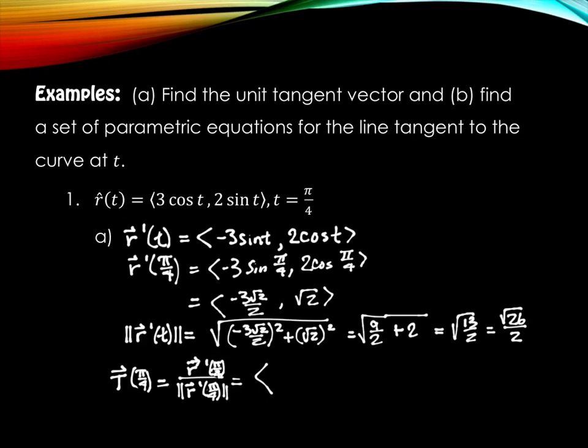All right, so we had negative 3 square root 2 over 2 and square root 2, and we're dividing by square root 26 over 2, so I'm going to multiply by 2 over square root 26. Simplifying, the first time around we're going to get negative 3 square root of 2 over the square root of 26, and then 2 square root 2 over the square root of 26.